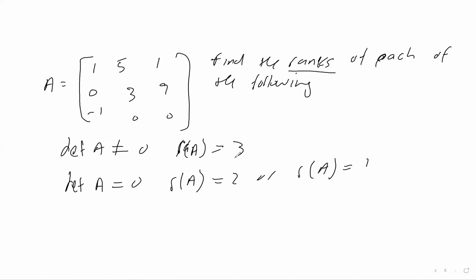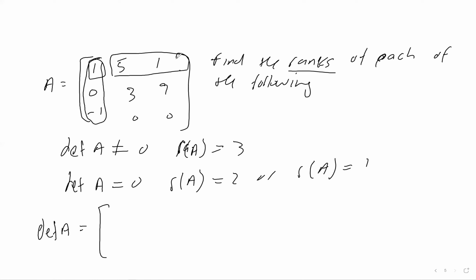So let's say for this one, we take the determinant of A. Again, the way you take the determinant: the first number, 1, and you ignore the row and column it sits in.